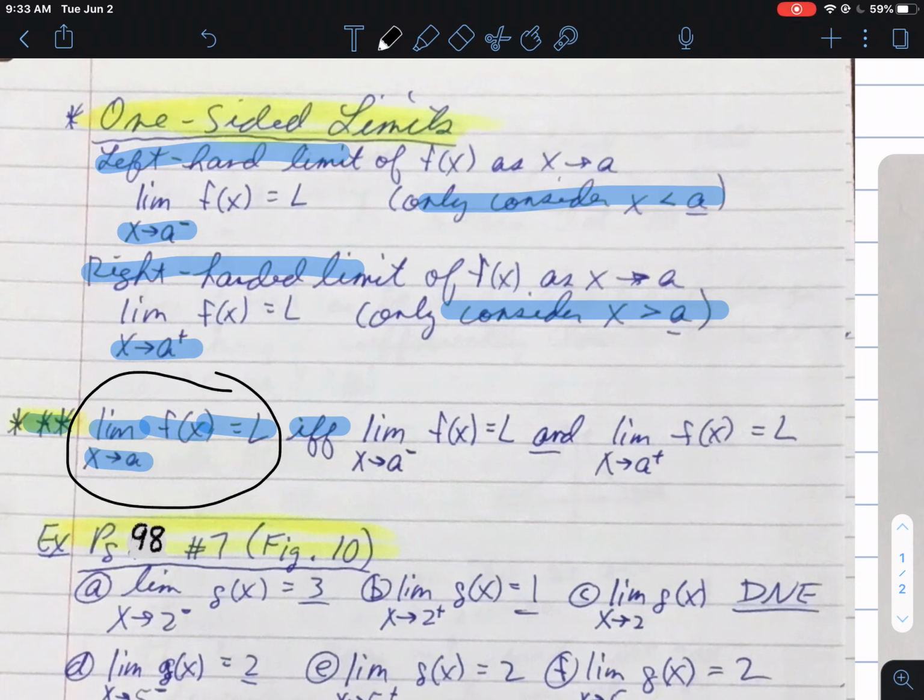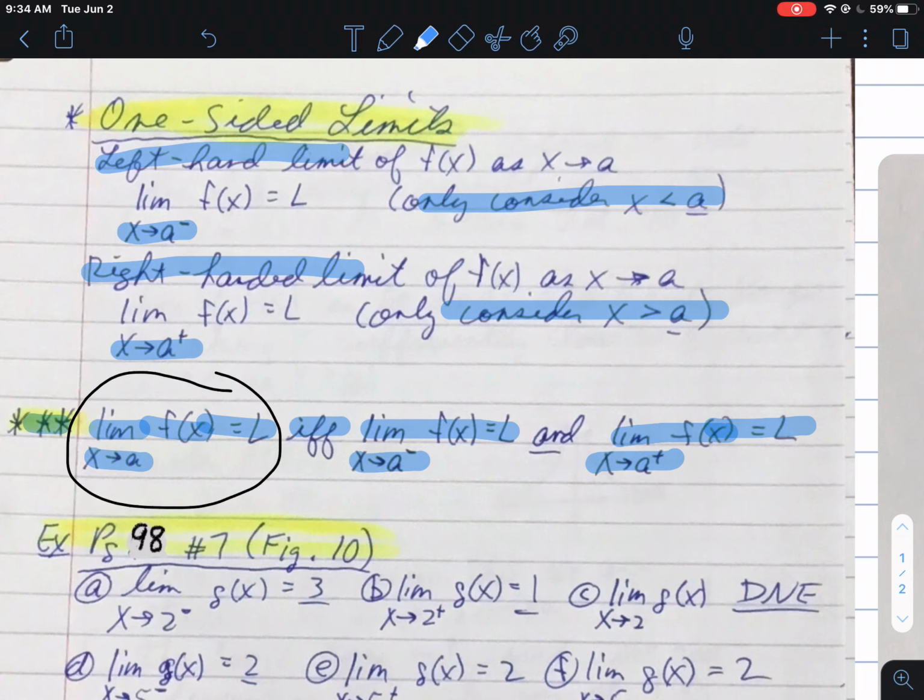And so therefore, if the following statement is not true, then our original statement cannot be true. So that limit as x approaches a of f of x equals L if and only if the left-hand limit, the limit as x approaches a from the left of f of x equals L, and the right-hand limit, the limit as x approaches a from the right of f of x equals L.